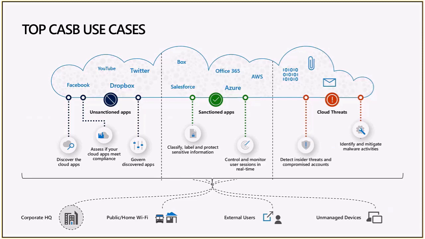So great, you're using Salesforce, but are you sure that the data in Salesforce is securely configured? Is it securely shared? These are the kind of things that you also want to have visibility on, and you want to be able to take control on what is happening and what your users are doing here. And finally, cloud threats. Cloud threats are very typical and can apply to basically any kind of application. It's a very sensitive topic, as most applications can be victim of that.